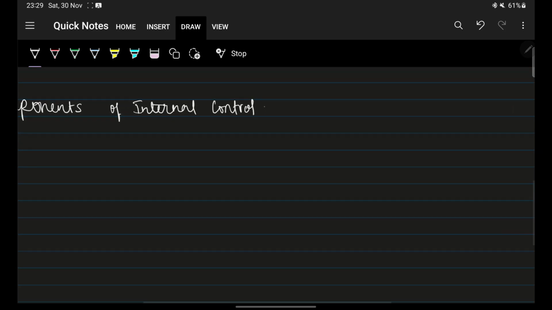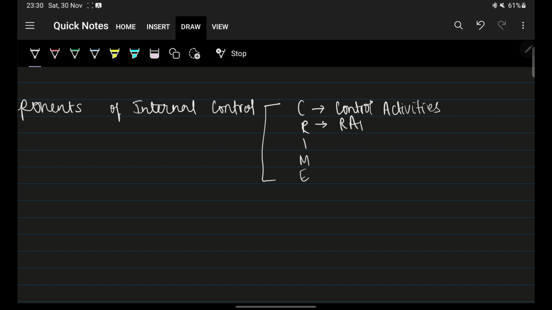The acronym or the mnemonic is CRIME. With the first C we have control activities. And this is RAP, risk assessment procedures.